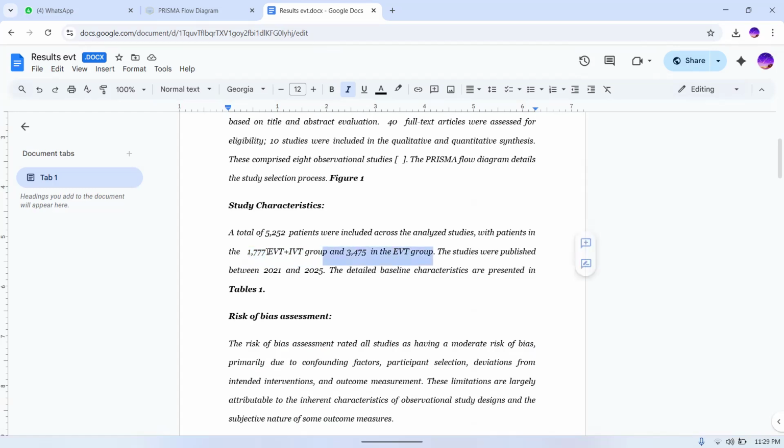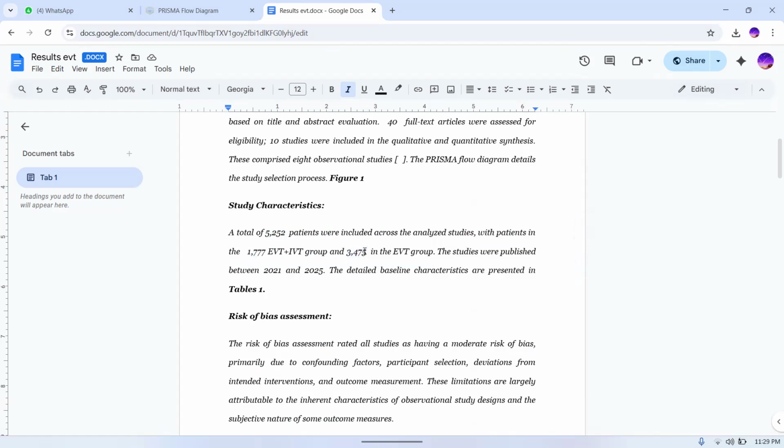Now you would write the individual patient populations, but make sure to write these numbers correctly, because journals usually check the sample size, which is the main interest of the meta-analysis. So make sure to add the sample sizes of the intervention and control groups properly from the baseline table, and individually write how many patients were in the intervention group and how many were in the control group.